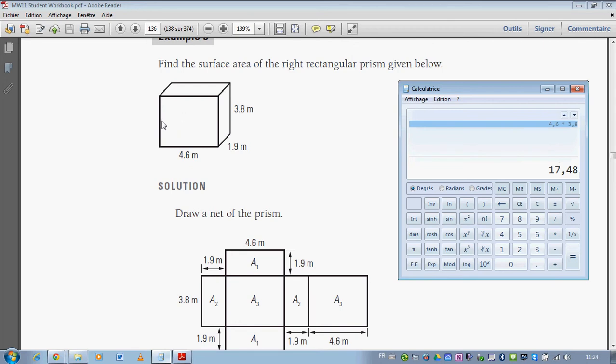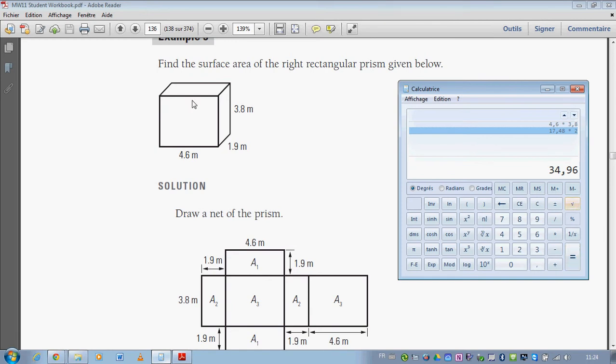You'll also notice that you have this front side, but you also have a back side. You can't see it, it's in the back, but that rectangle with an area of 17.48 happens twice. So it's safe to take that 17.48 and multiply it by 2 to get the total area of just those two sides, which is 34.96.